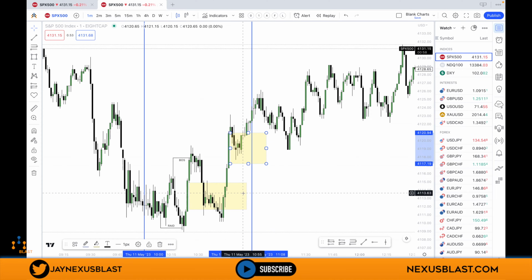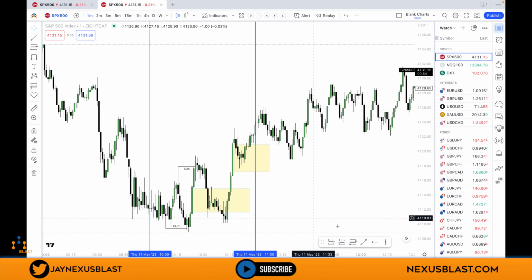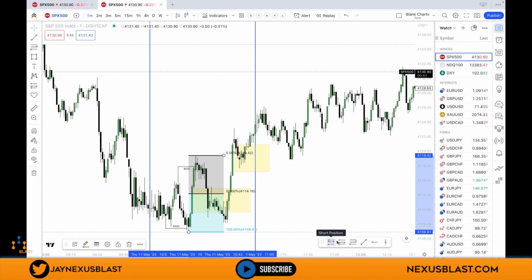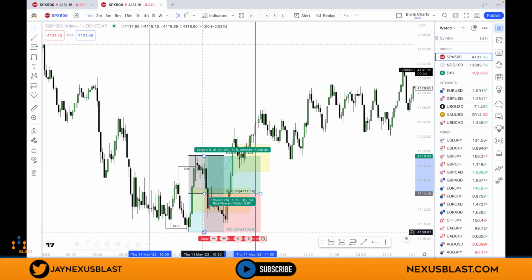And then in these two examples, those are two entries that you could take between 10 and 11. The first trade would be anywhere, preferably on the 50 fib of this move. You would get in long at this location or better, and you could do the optimal trade entry, which I think is 62.5 retracement, but I feel like I missed too many trades on 62.5, so I'm happy with 50 fib.